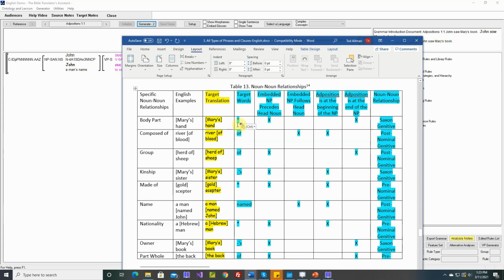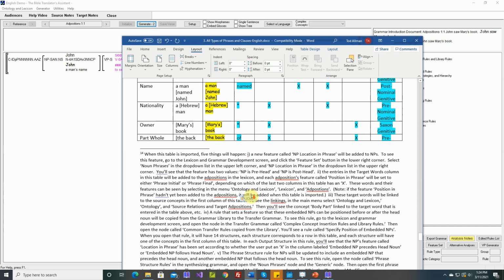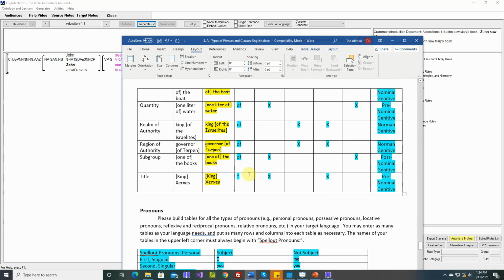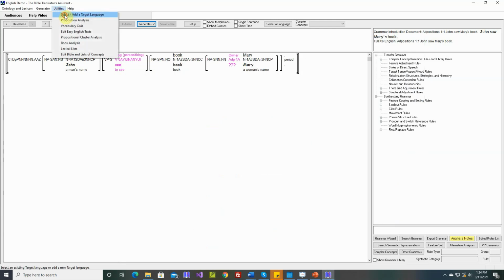If you don't want this relationship linked to any target word, then if you put an asterisk here, it will just be linked to a blank space. So I'm going to change all of these apostrophe s's to an asterisk. Okay, that's all. So now let's save this, and let's go import it.